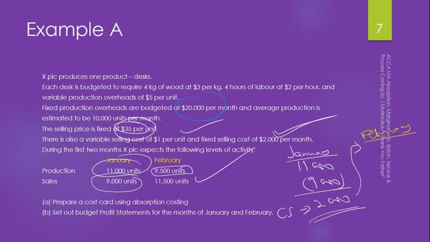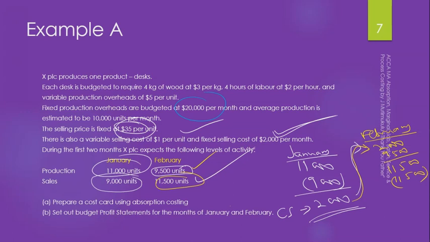we had opening stock of 2,000 because we simply take these figures as our opening stock. Then we produced 9,500. So if we add them up, we get 11,500, and then we sold 11,500.